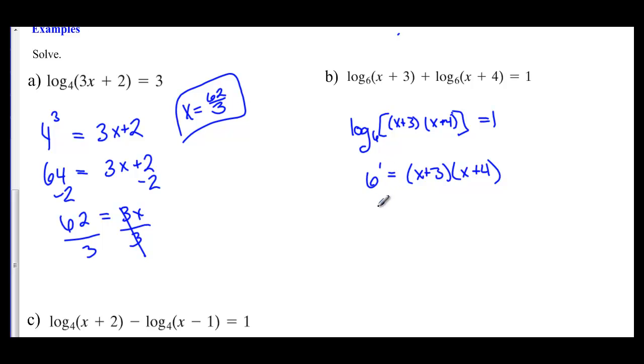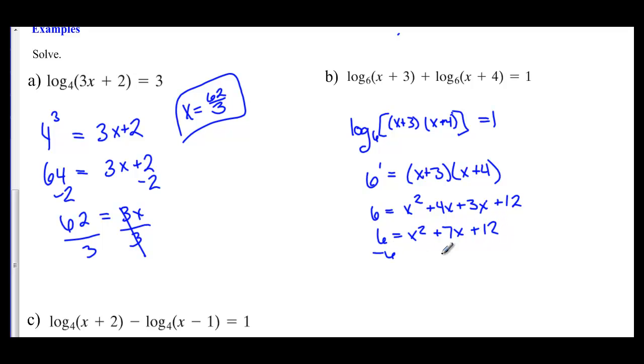To go through and solve, we're going to need to FOIL. So we're going to have x squared plus 4x plus 3x plus 12. So we have 6 equals x squared plus 7x plus 12.